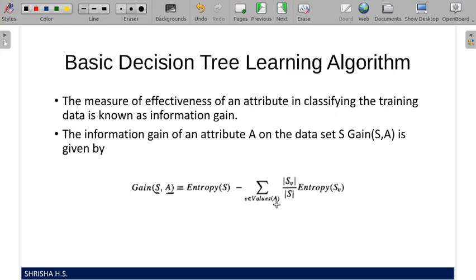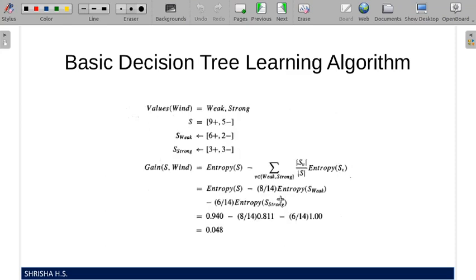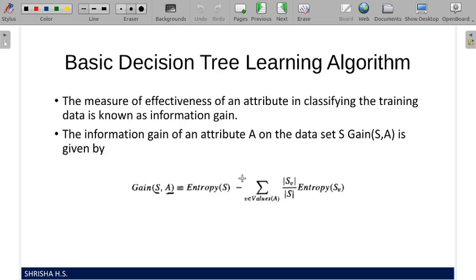For example, for wind, the values of wind are weak and strong. For weak, we multiply by the entropy of weak, and for strong, multiplied by the entropy of strong.